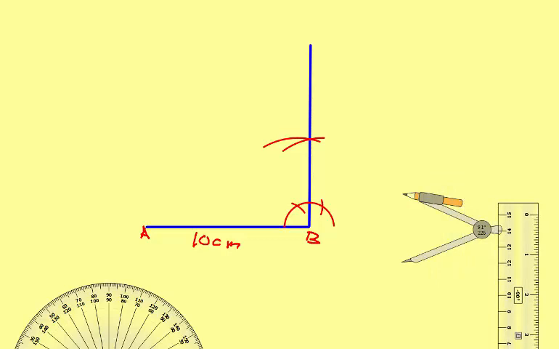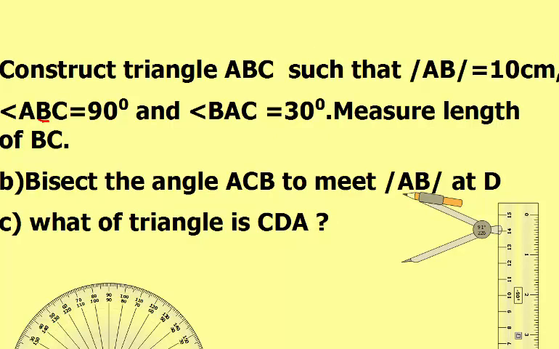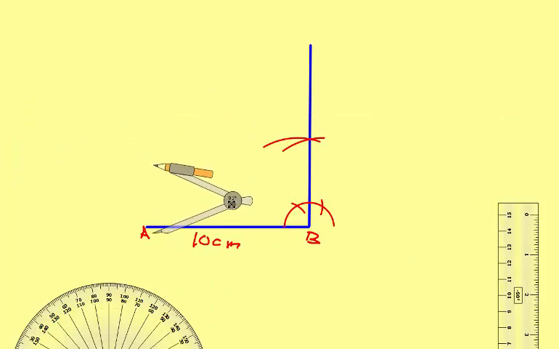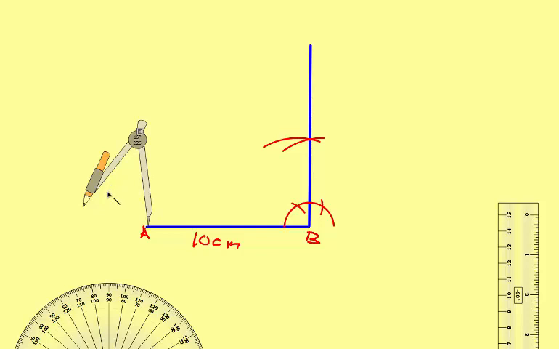Then let's go back to the next question. Angle BAC 30. What it means is that we are going to construct angle 30 at A. So let's construct a given angle at this point. Right.